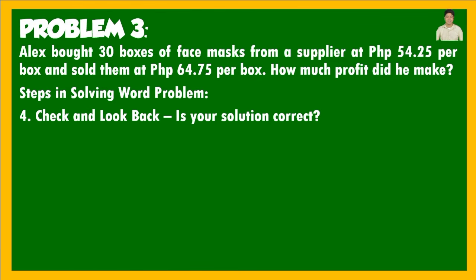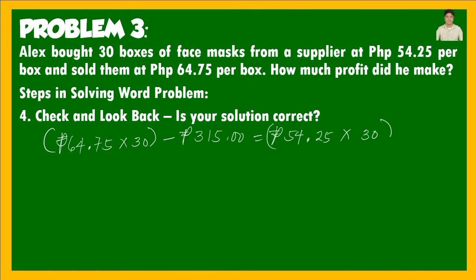So, to check our answer, we can multiply 64 pesos and 75 centavos by 30, then subtract Alex's profit, which is 315 pesos. And then, the answer we should get is the product of 54 pesos and 25 cents and 30. So, when we do that, you will see that our answer will be equal. And then, we can see that 315 pesos is indeed the profit of Alex for selling 30 boxes of face mask.